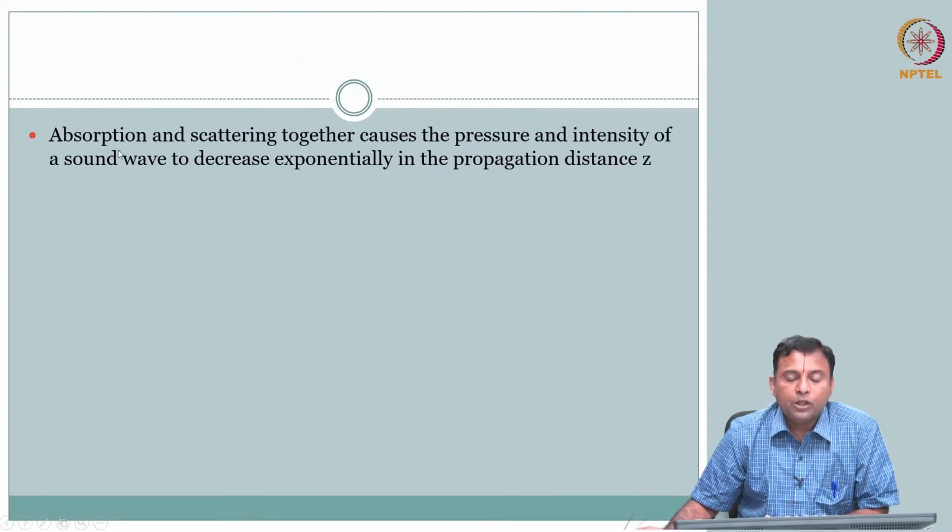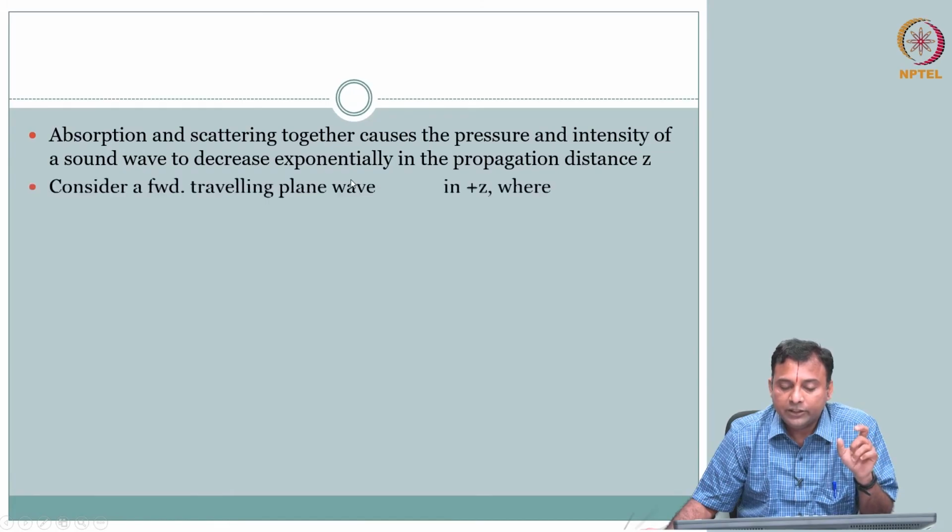So absorption and scattering together cause the pressure intensity to decrease. Again, we model this as exponential decay, very similar to what was done in our X-ray as well. Okay. So as you propagate with the distance, there is the exponential decay loss.